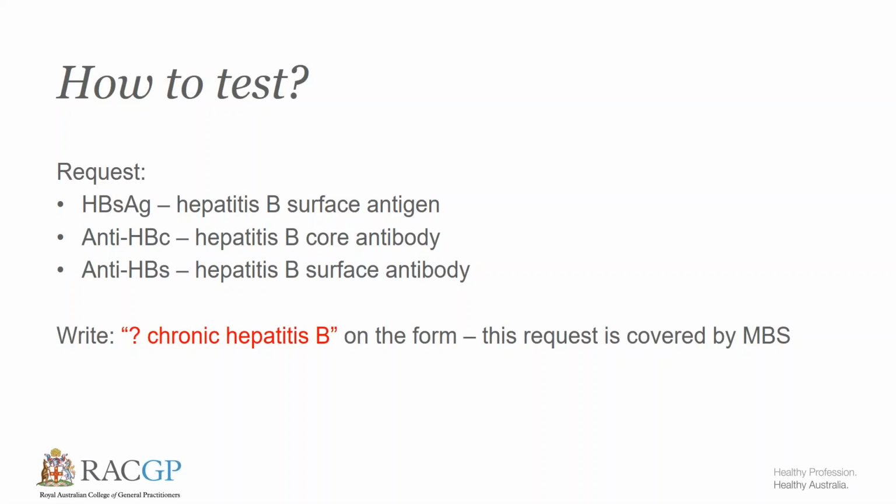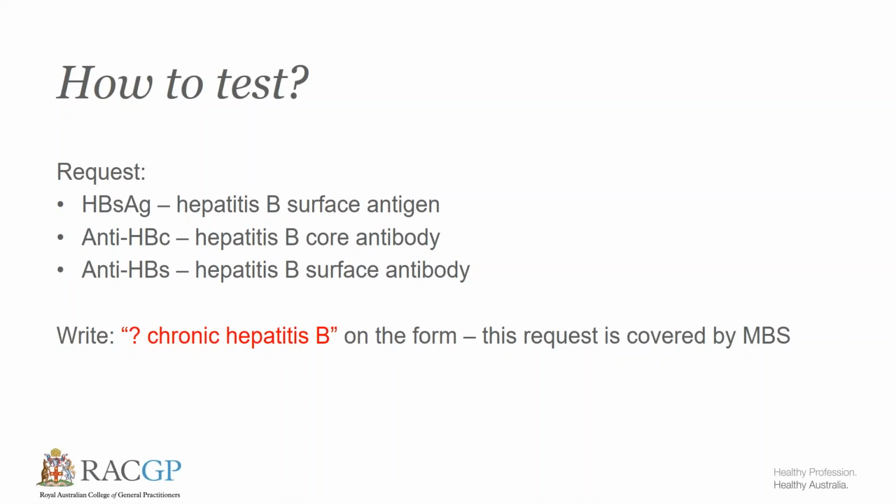We should ask for hepatitis B core antibody and hepatitis B surface antibody. So these are looking at different parts of the hepatitis B virus, and these help us interpret whether the patient has infection and whether they're immune, and we'll go through that in a minute.